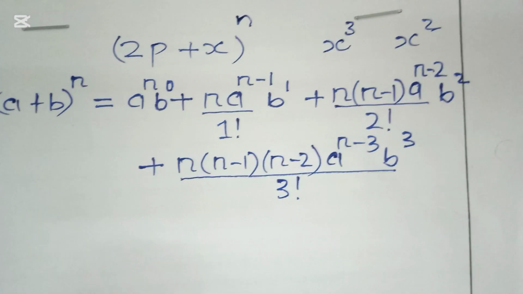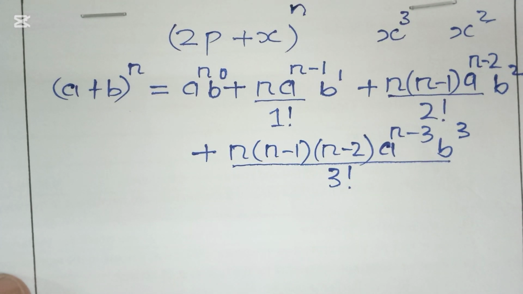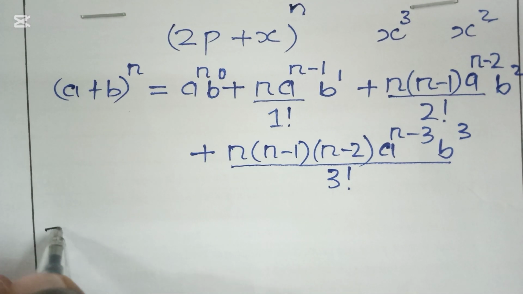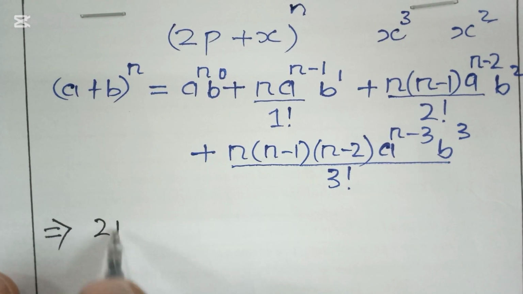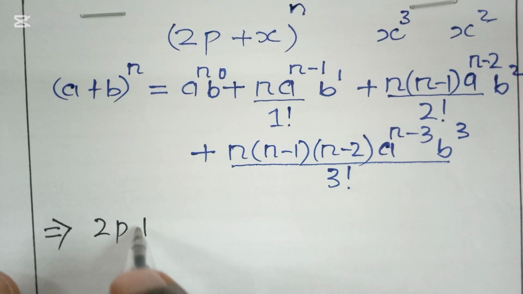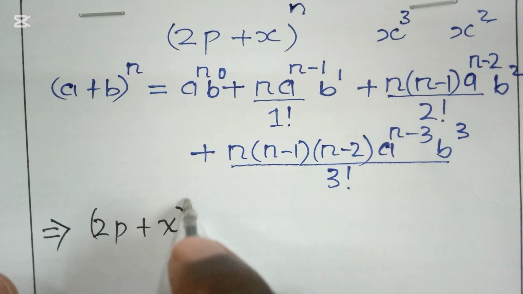So guys, that is our equation of binomial expansion. And so we now come and apply it to this equation. This equation is (2p + x) raised to n.